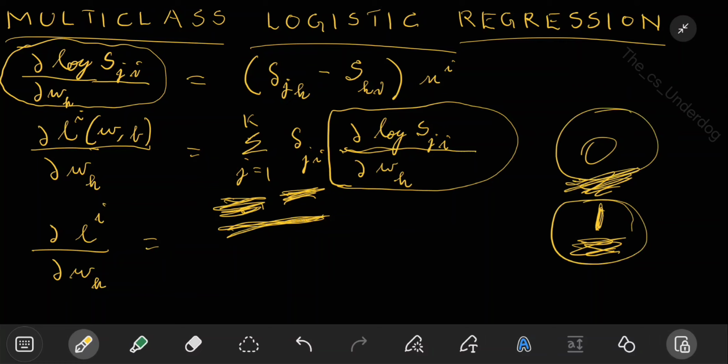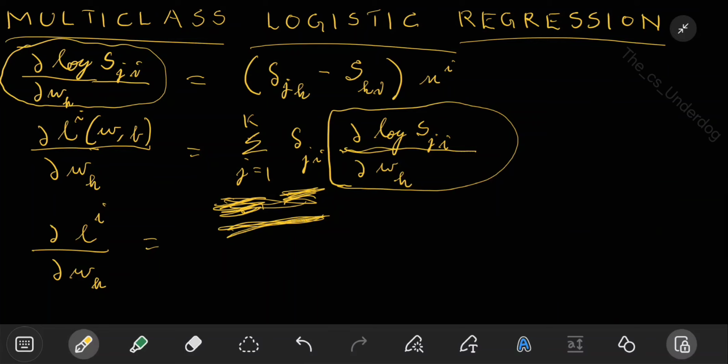All the other cases will be 0, because this training example can belong to only one particular class among all the k. Because of that, when you sum over, only one value will be 1 and all the remaining will be 0. So I need not sum over all the values, because I already know that only one will be 1 and all the remaining are going to be 0. So only one particular value is significant.